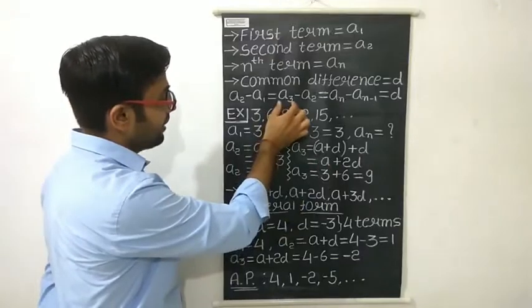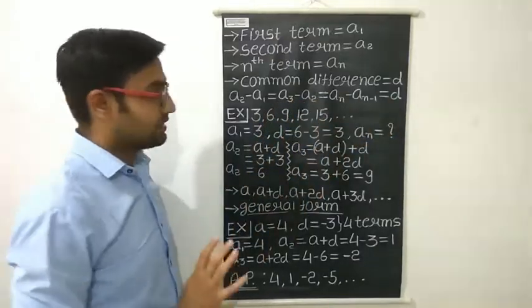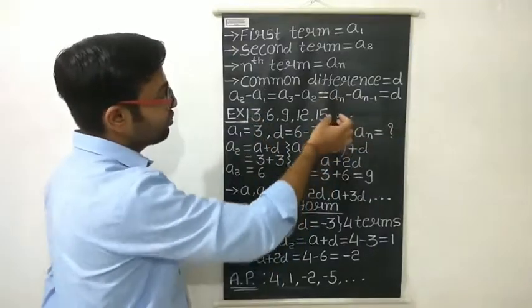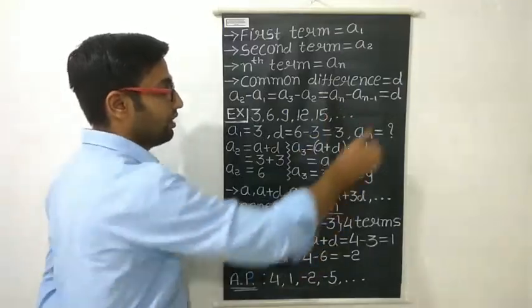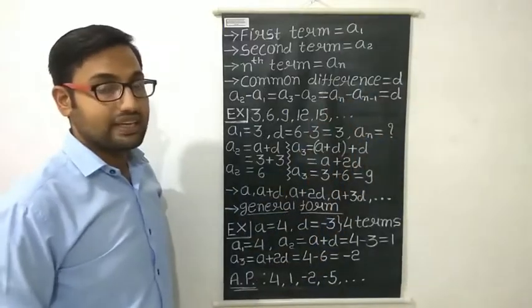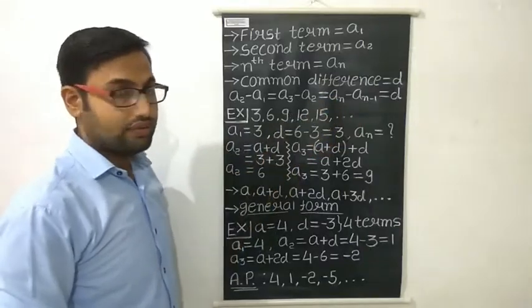If we subtract A3 minus A2, it will also give the same result D. For the last term also, if we subtract An minus 1, we get the common difference D. So this is possible for all the terms, right?